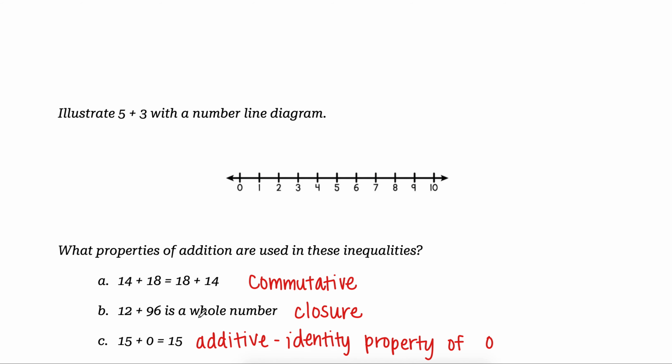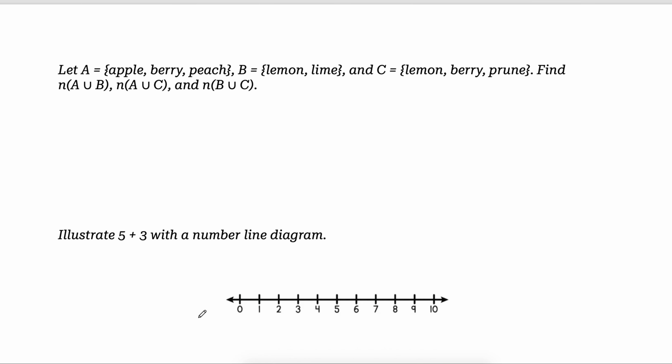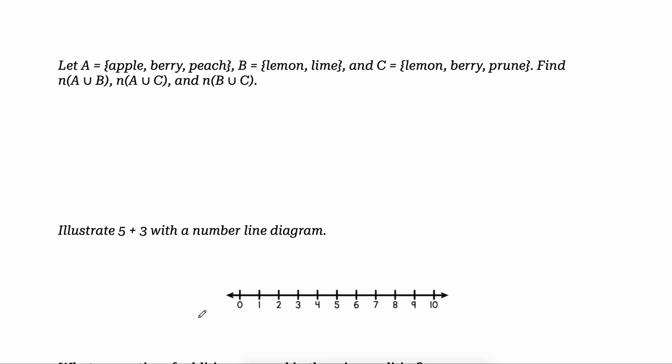Now I want to go back up to the two examples that I skipped. The first one, we have sets A, B, and C. Set A is apple, berry, peach, B is lemon, lime, and C is lemon, berry, and prune.